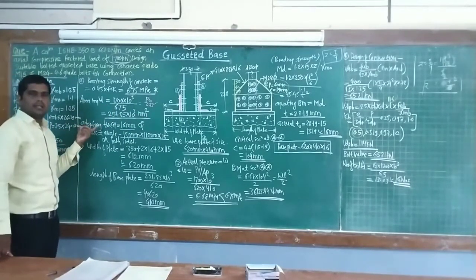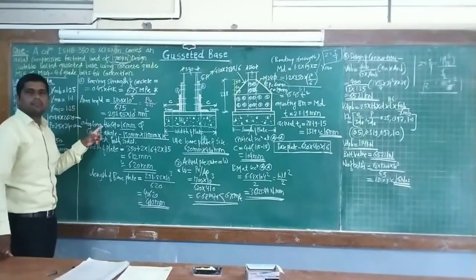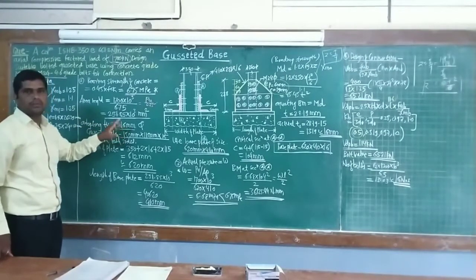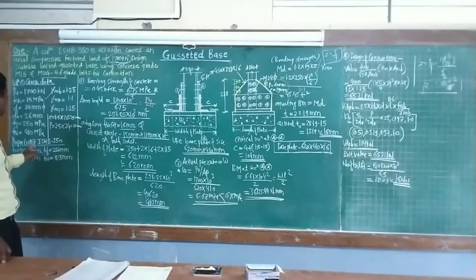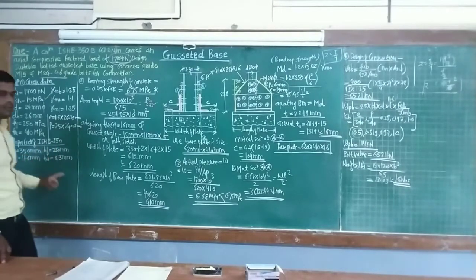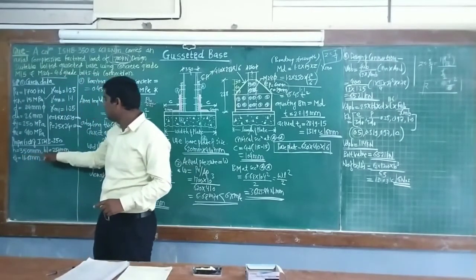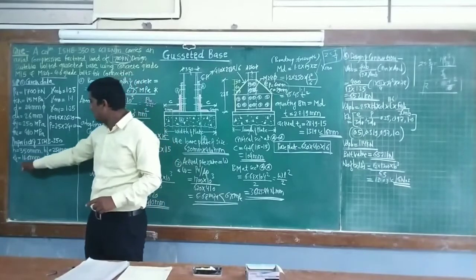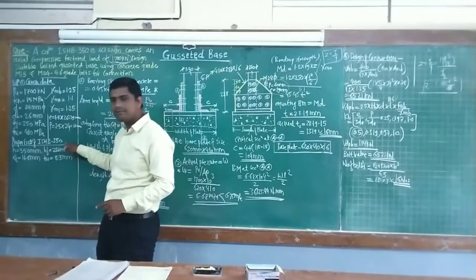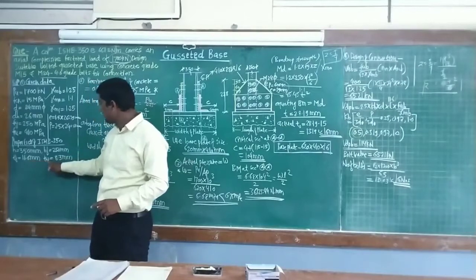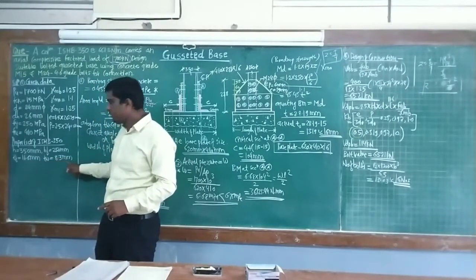Then we adopt a gusset plate of thickness 16 mm. Why? Because if you go through the properties of ISHB 350, first of all we note down the properties: depth of I section is 350, which is already mentioned in the numerical, so H is equal to 350 mm, width of flange is 250 mm, thickness of flange for this ISHB 350 is 11.6 mm, thickness of web 8.3 mm.